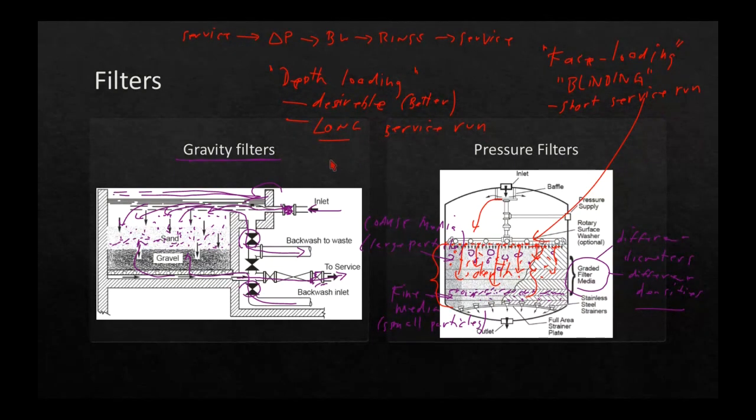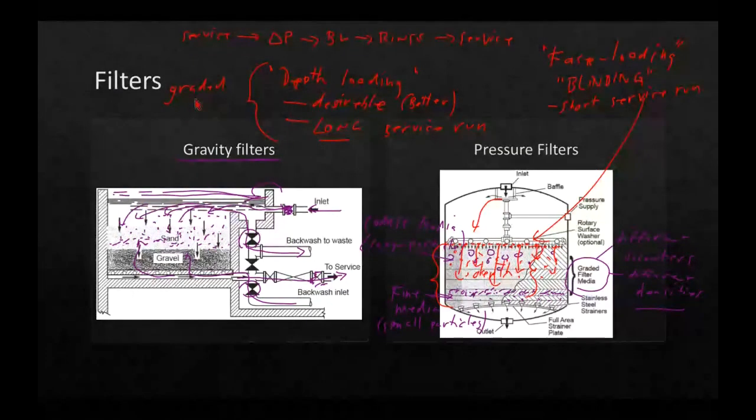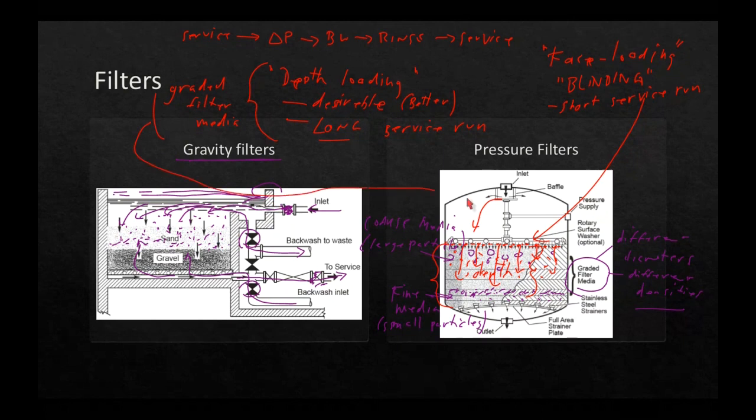So how do we achieve depth loading? We achieve depth loading with graded filter media. Okay, that was really the long way of going around to address the graded filter media.